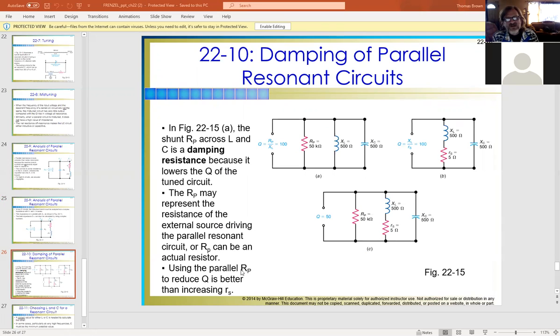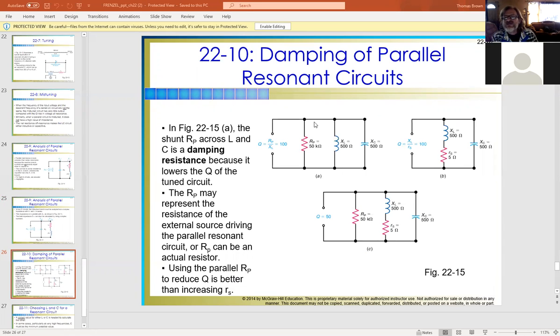So using the parallel RP to reduce Q is better than increasing R sub S. What he's saying is, if we were to try a different inductor to obtain a good internal resistance value, it's much easier to use an actual resistor in tune with that.